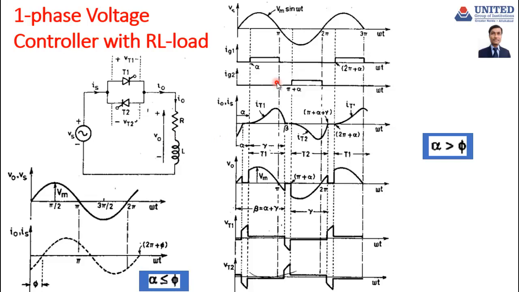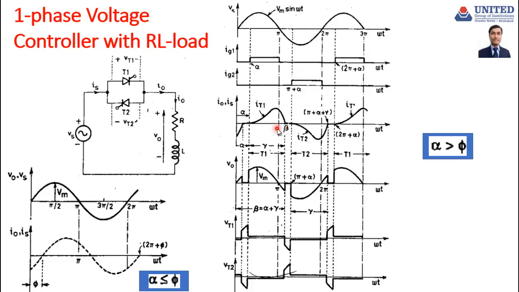At pi the load and source voltage go to 0, but current does not go to 0 because of the presence of this inductance L. At beta, which is greater than pi, load current reduces to 0. This beta is called extinction angle.